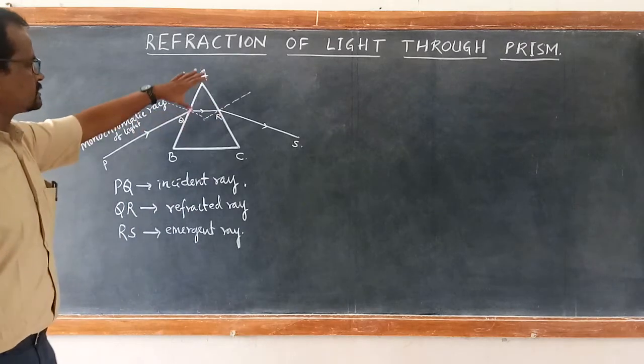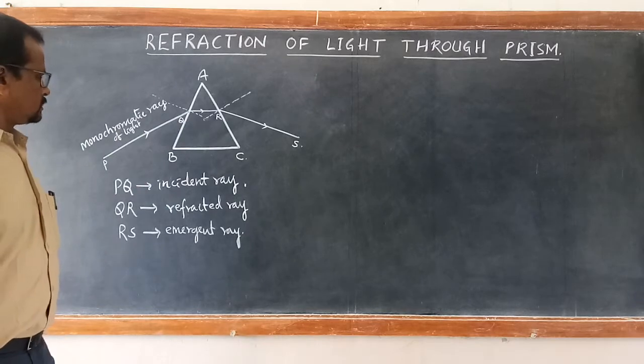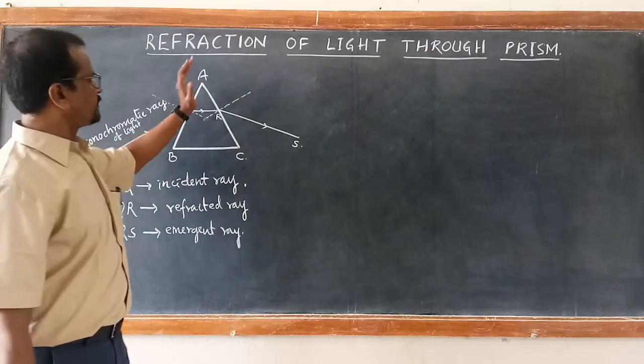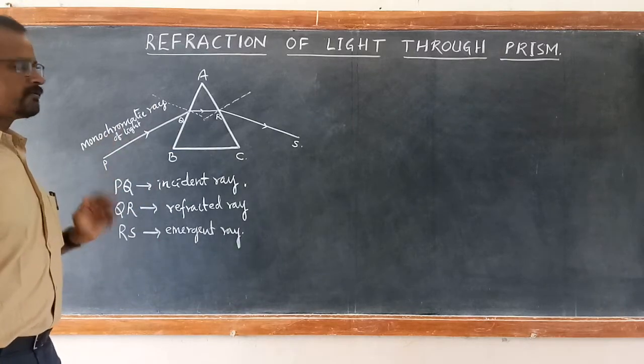Let us say this is the surrounding medium, that is air, and this is the glass prism. So this is how refraction of light takes place through a prism if it is a monochromatic ray of light.